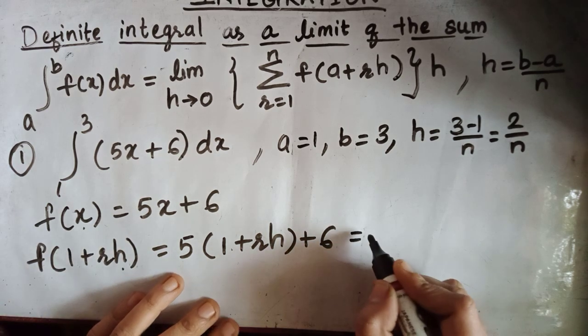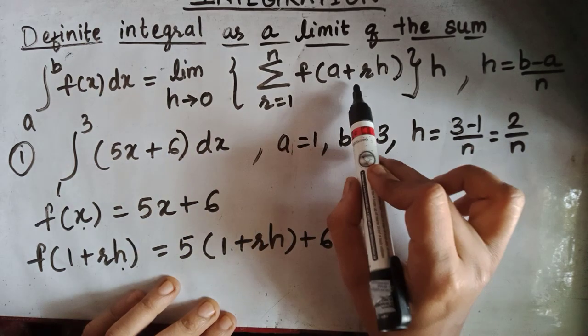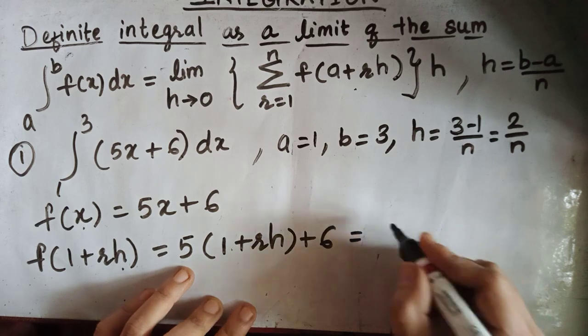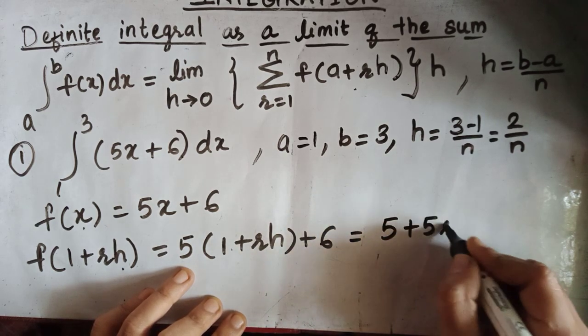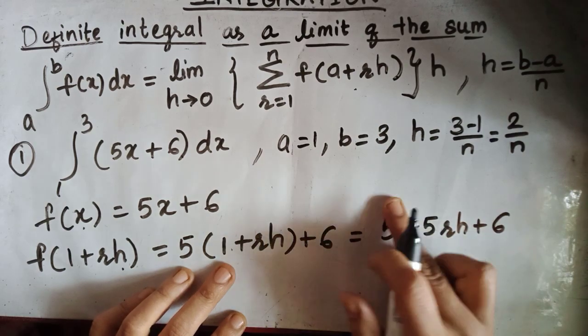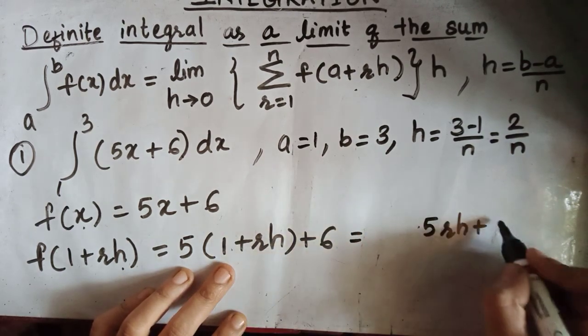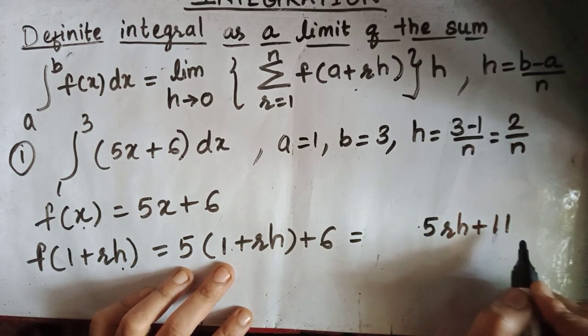You substitute in that formula. So this will be 5 plus 5rh plus 6. So 5 plus 6 becomes 11. So your final term is 5rh plus 11.